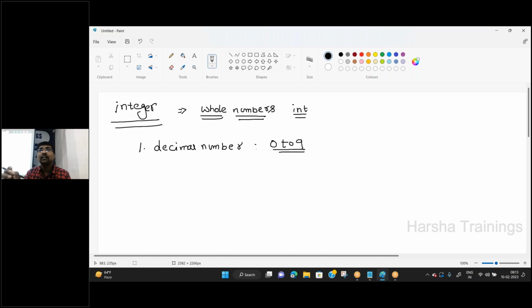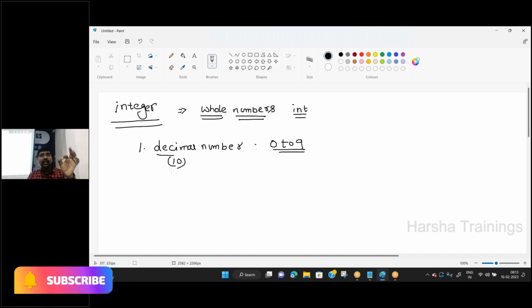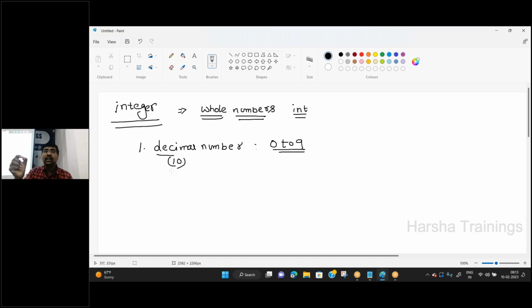Why only 0 to 9? Remember, we have two logics. One is DEC. DEC means decimal, that means 10. Consider any number and divide it by 10. What are the possible remainders?